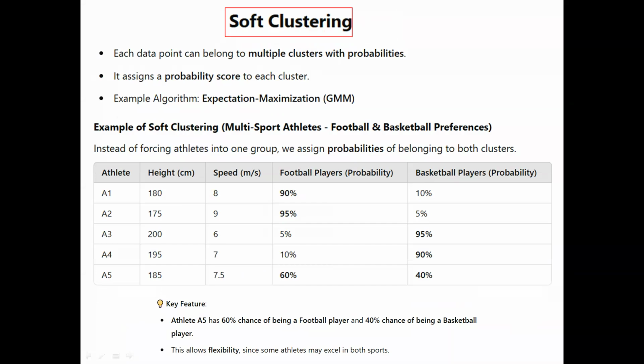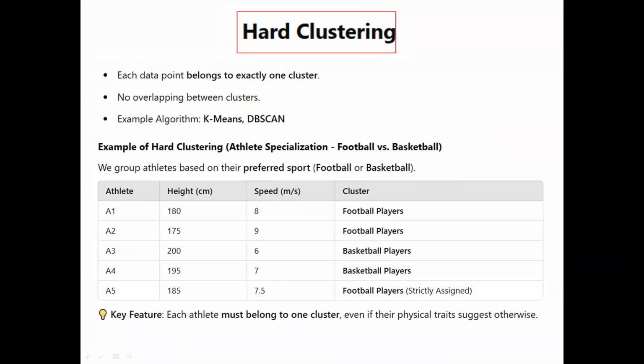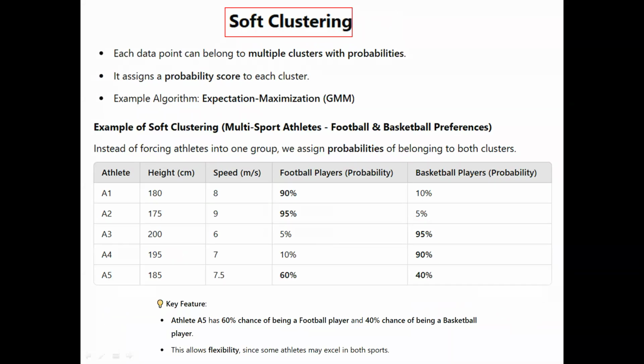This particular data value may be associated with multiple clusters or groups on the basis of probability, say a 60% chance of being in cluster 1 and a 40% chance of being in cluster 2. It is not true and false. In hard clustering, we work with true or false, yes or no, whether it is associated or not. In soft clustering, we calculate the probability, and after that we move ahead for cluster formation.